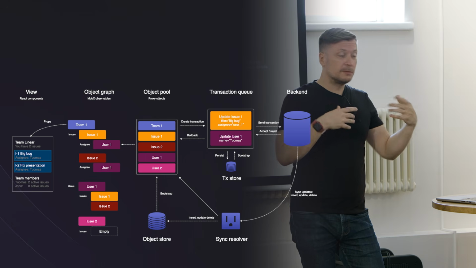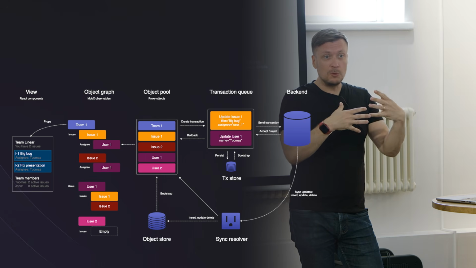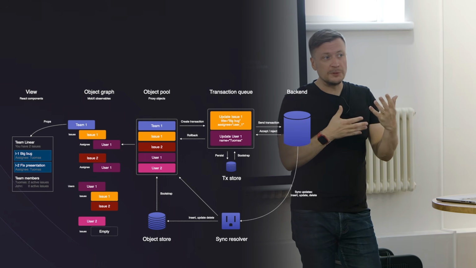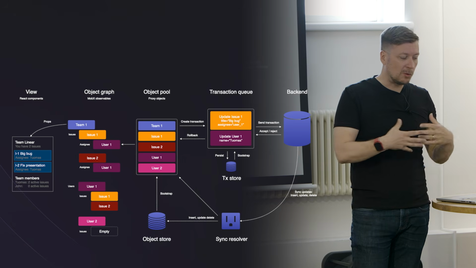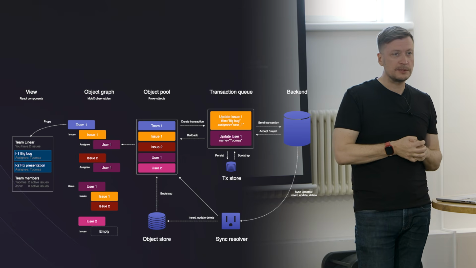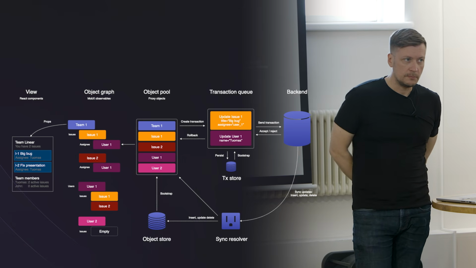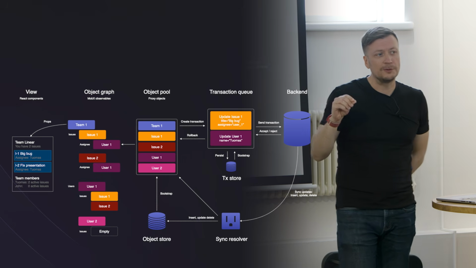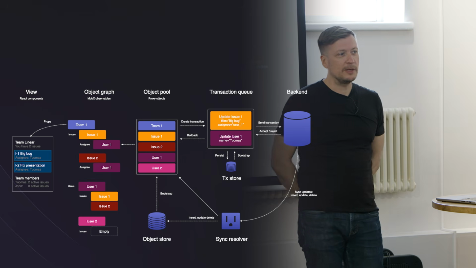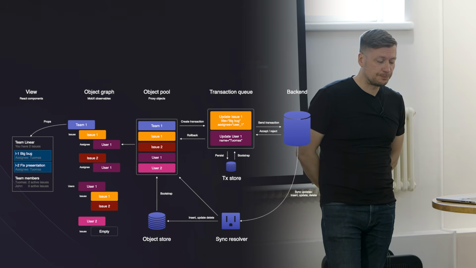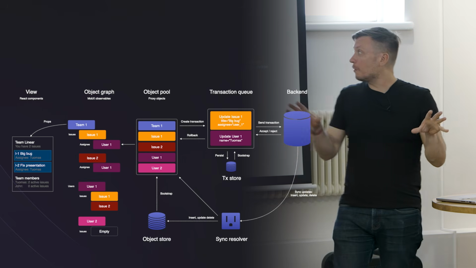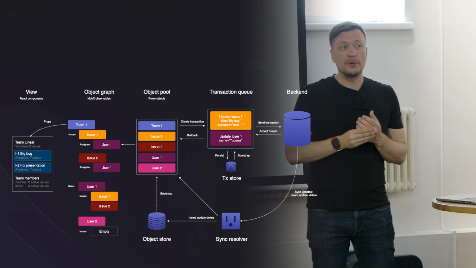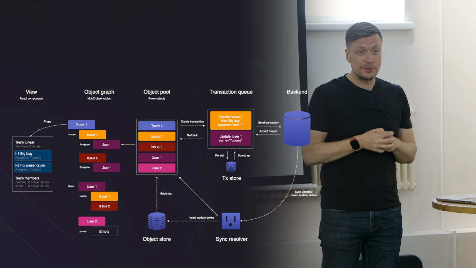They will be received, mapped into the object pool, or properties will be updated, new objects will be inserted, and saved locally on the user's disk. Also the client that made the change initially? Also the client that made the change initially. I can come back to the life cycle of a transaction in a later slide. We can look at how that happens. But that is a very brief overview on how the sync engine works internally.